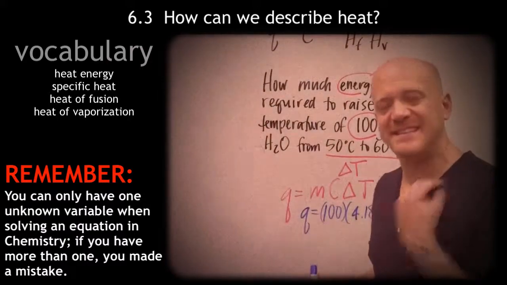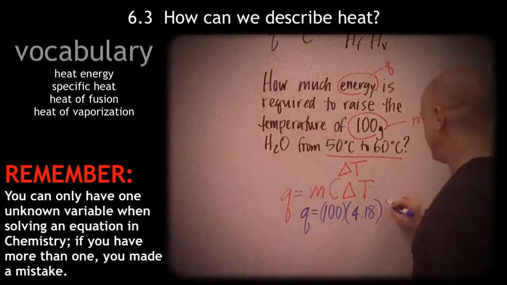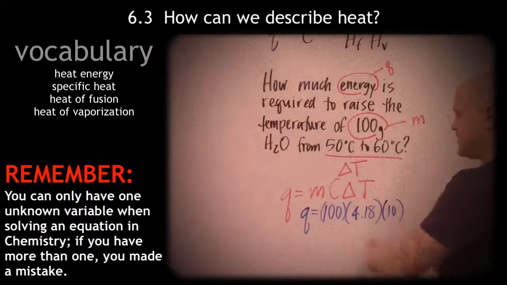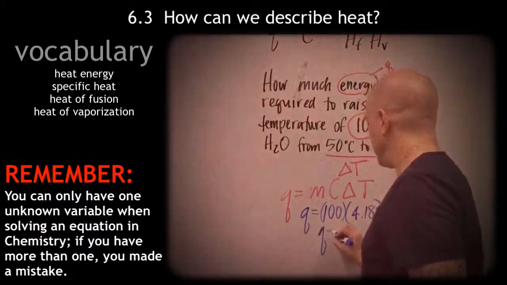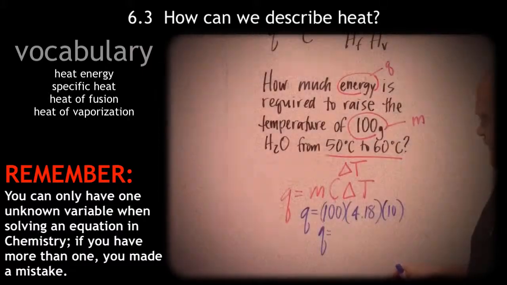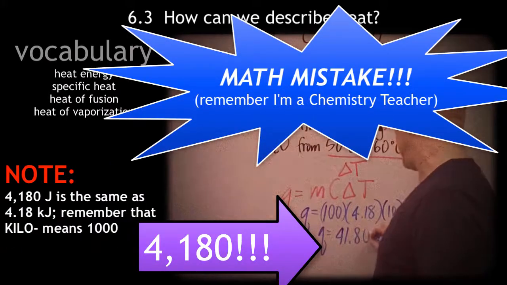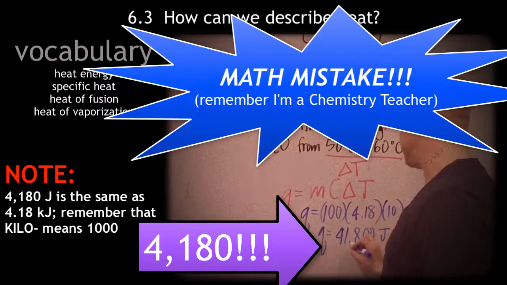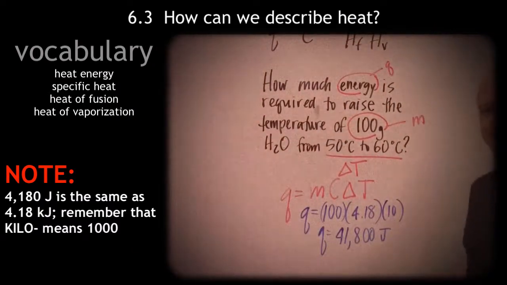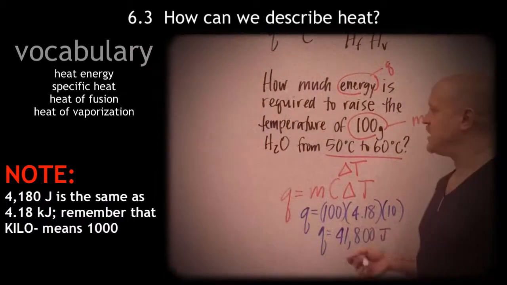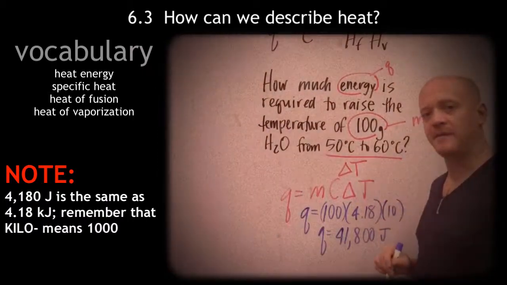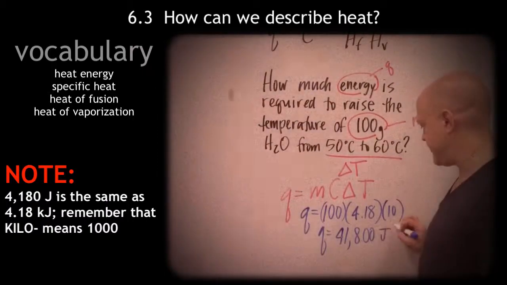I'm going to do the difference between 50 and 60, which is 10. So Q equals 41,800 joules. That's how much energy it takes to raise the temperature of 100 grams of water for only 10 degrees Celsius.